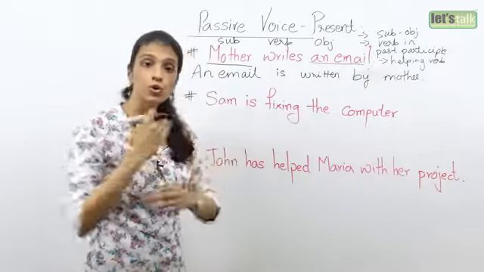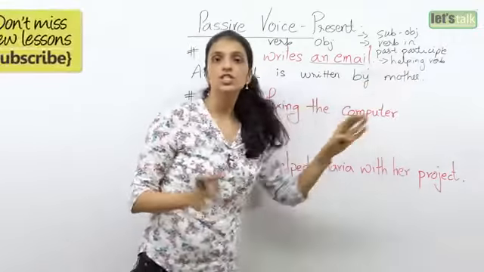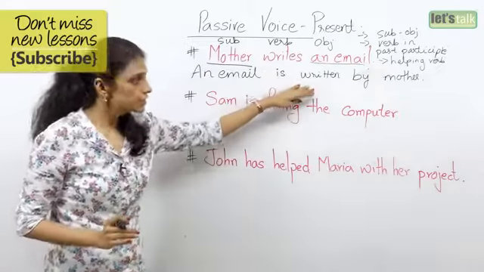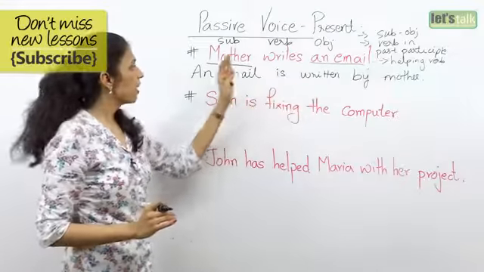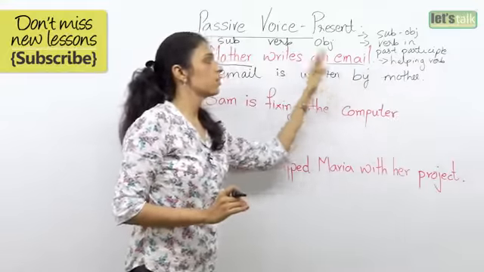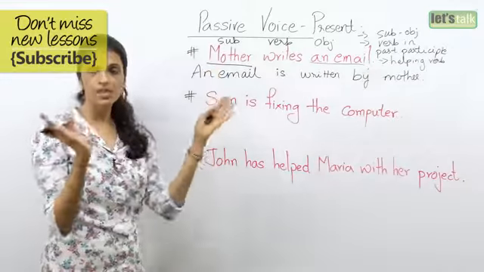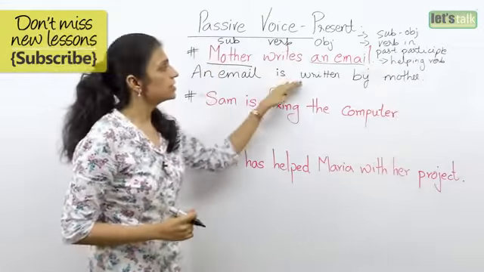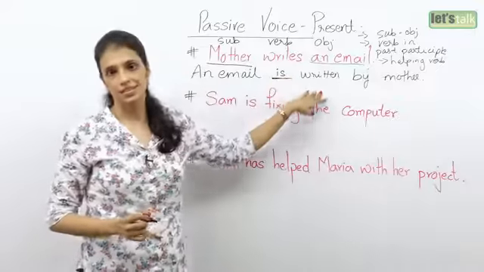That means though you have made her the object, she is still the doer of the action. You have kept it in the present tense, and yes, you have made the subject object and the object the subject. You have interchanged them, right? So an email is written by mother. Don't forget to add your supporting verb because this defines the tense.